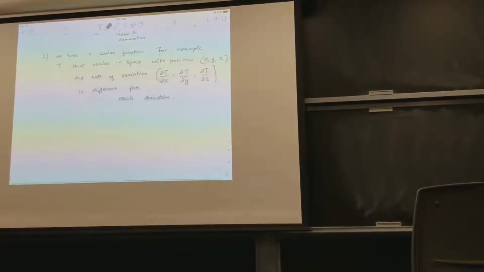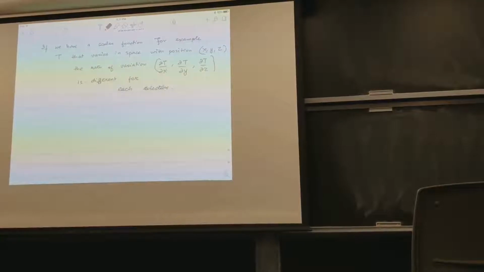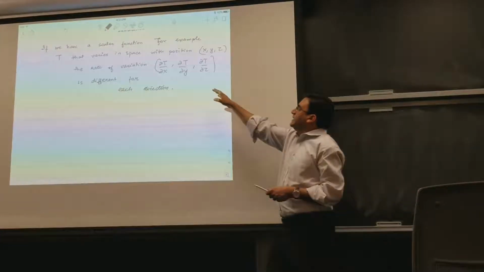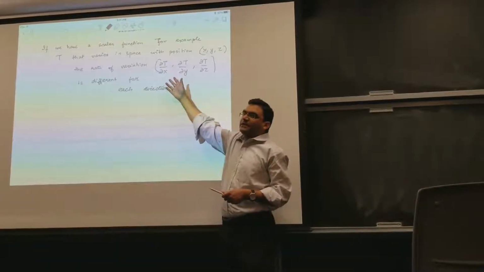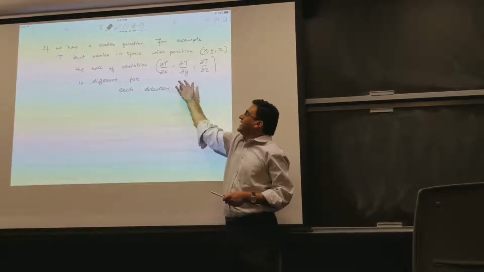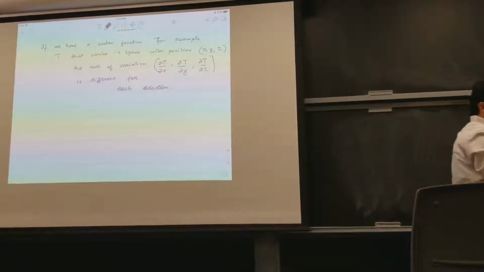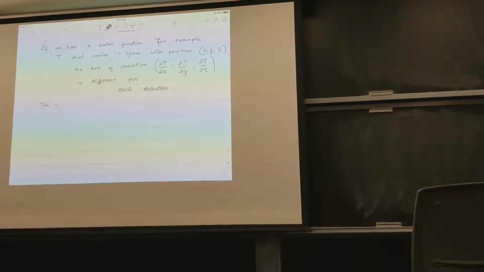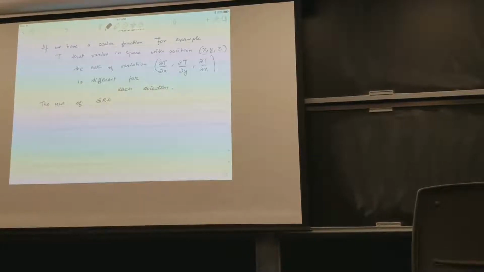So since it's different for each direction, we want to figure out how temperature variation is creating this heat flux. So we need to define something that allows us to look at both the magnitude and the direction, and that's where we use the gradient operator.